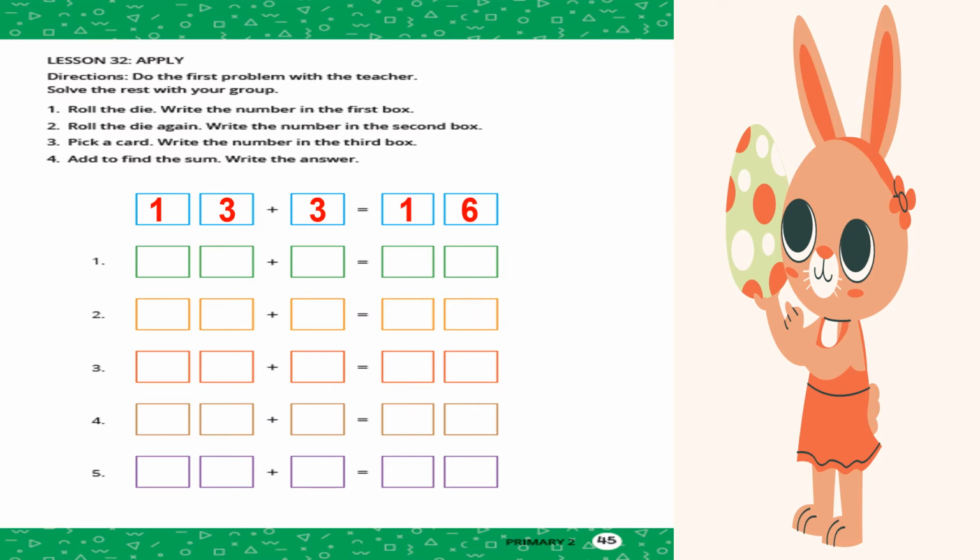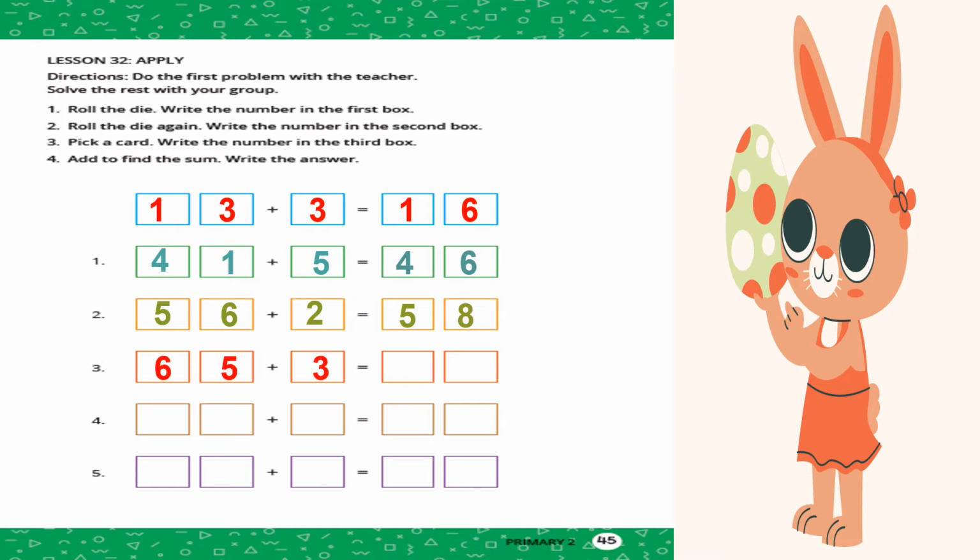Number 1, 41 plus 5. After 41: 42, 43, 44, 45, 46. Number 2, 56 plus 2. After 56: 57, 58. Number 3, 65 plus 3.